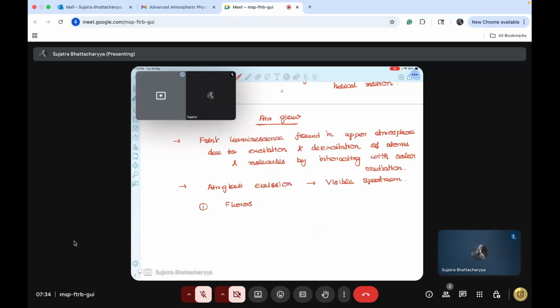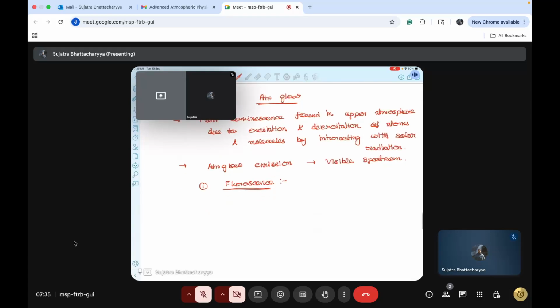One is fluorescence. Fluorescence is when some atom is hit by a photon, it becomes A star, it goes to the excited state. Okay, and this A star, when it comes to the ground state, releases a photon.